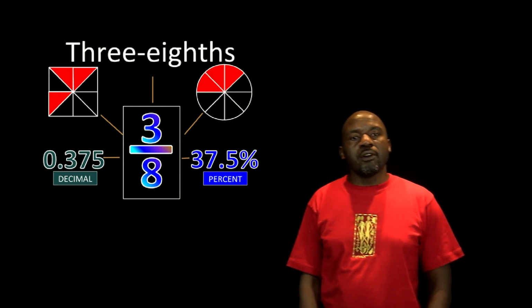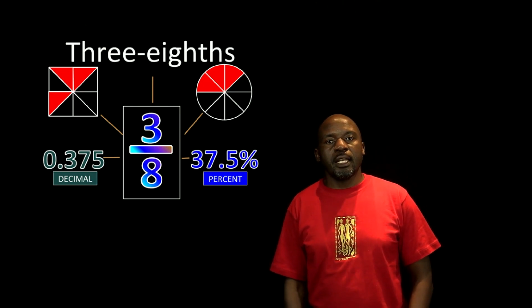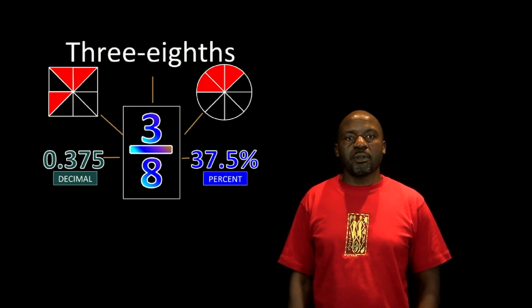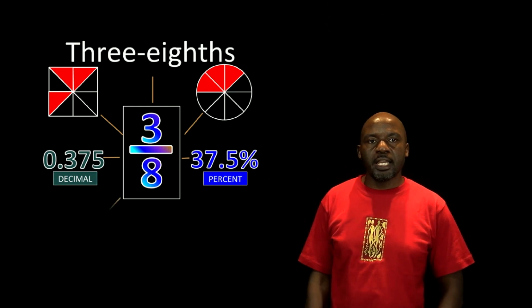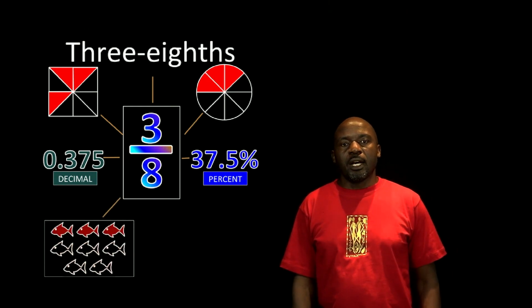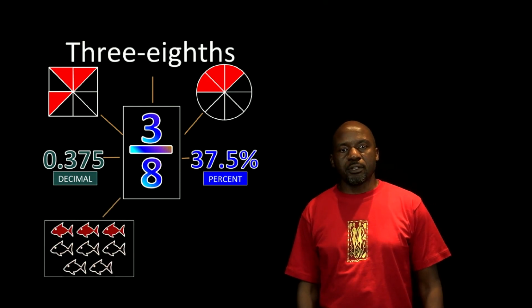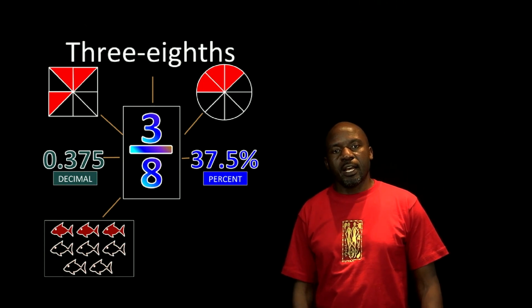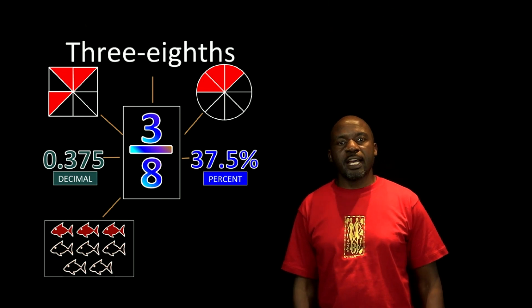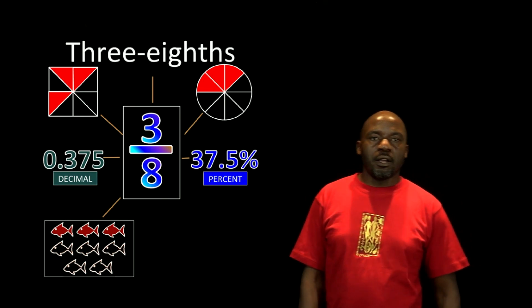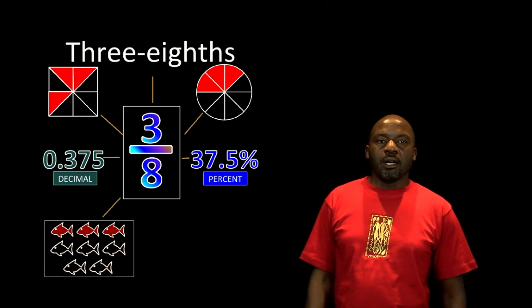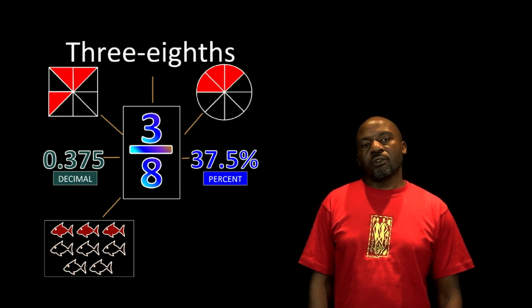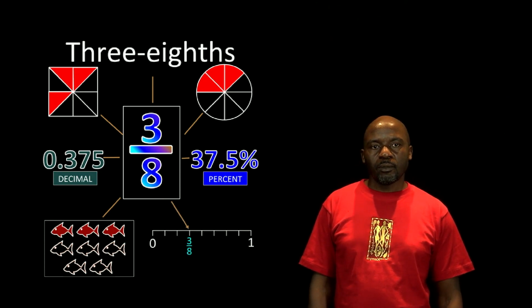Okay. Another way, of course, that you've seen in lower primary school is to use common figures to represent a fraction such as 3 out of 8, such as this one here. This is what you will find mostly in primary school. Again, we can say 3 fish there out of the 8 are painted red, but the most common form of representation you are likely to meet at this level is going to be a number line like that.